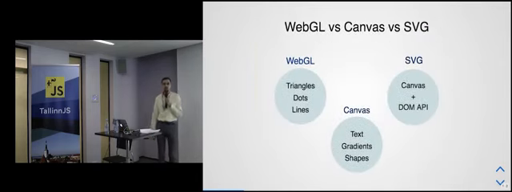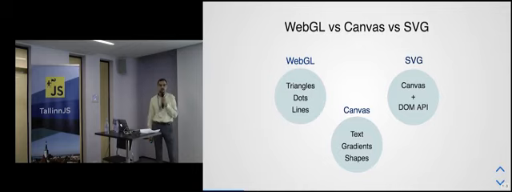So the first question is why we should use WebGL if we have pretty good and easy interfaces like Canvas and SVG. Canvas provides us a speedy two-dimensional graphic API that allows us to draw text, different shapes, curves, gradients, and so on.